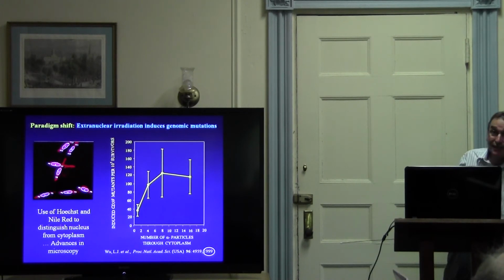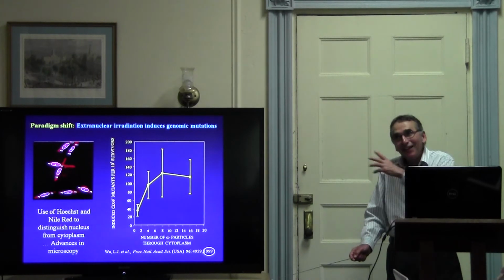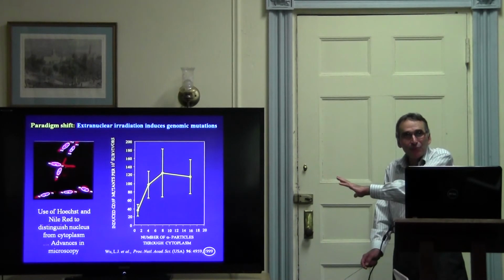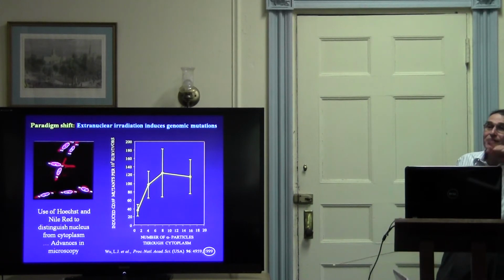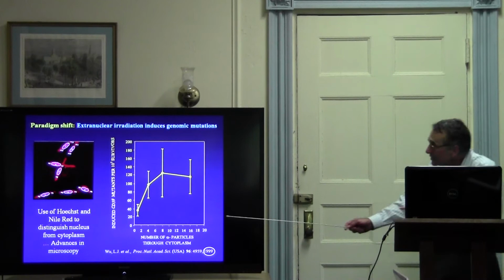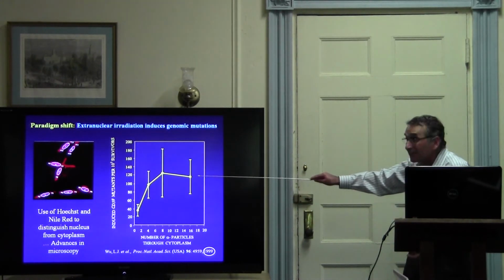What was quite surprising, and remarkable, is that the effect plateaued after exposure to 2 alphas, because if we deposit into the nucleus, what I understand from Dr. Hay is that the effect for mutation is dose-dependent. Here with cytoplasmic irradiation, it became dose-independent.